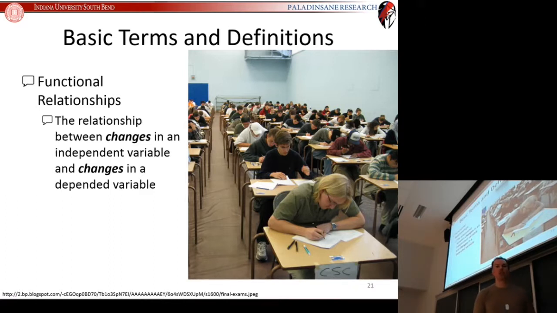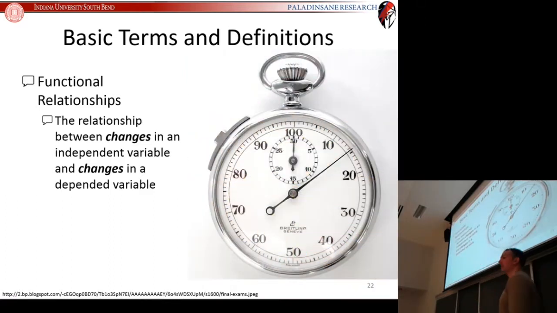So if we change the time that somebody has to perform an exam, what does that do to their performance in that particular exam? There is a functional relationship between those, and you can oftentimes graph a functional relationship.